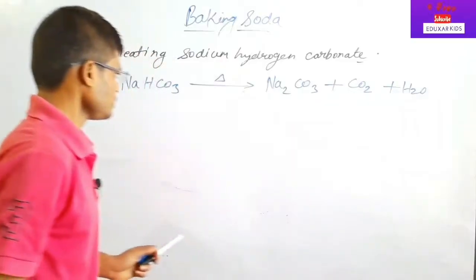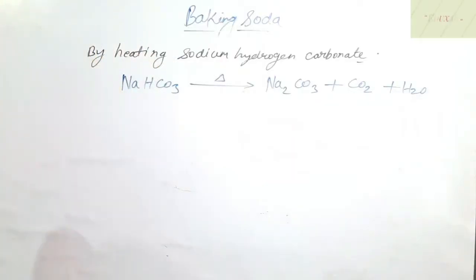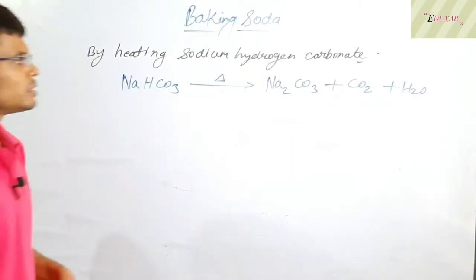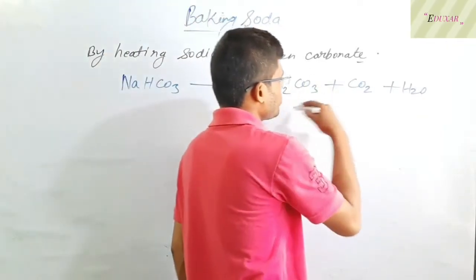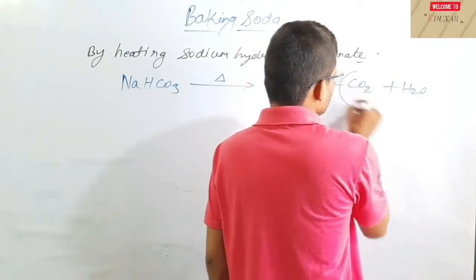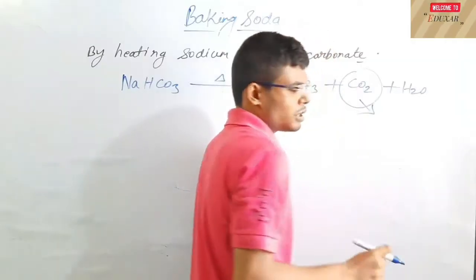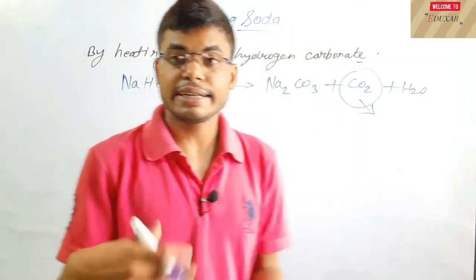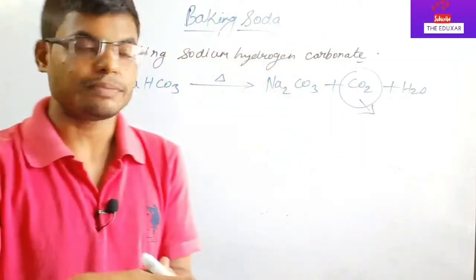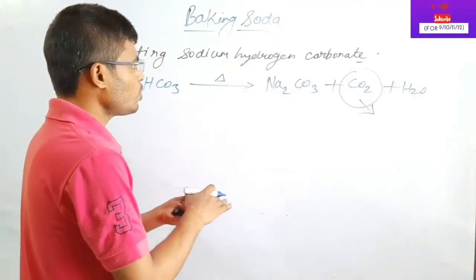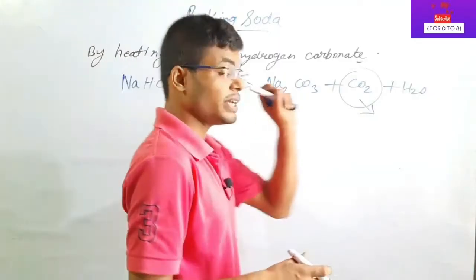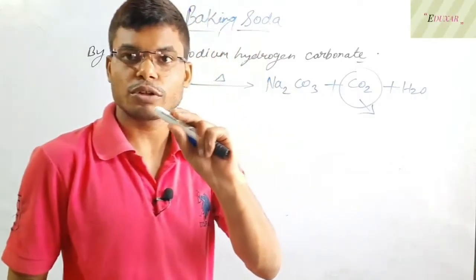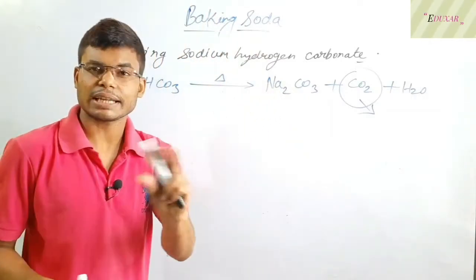Okay. Then these things we find from here: the Na2CO3 sodium carbonate and the CO2 carbon dioxide. This carbon dioxide makes the puri, pakode, etc. वगैरह fluffy and spongy. So we can use it as a food ingredient in making something like this.